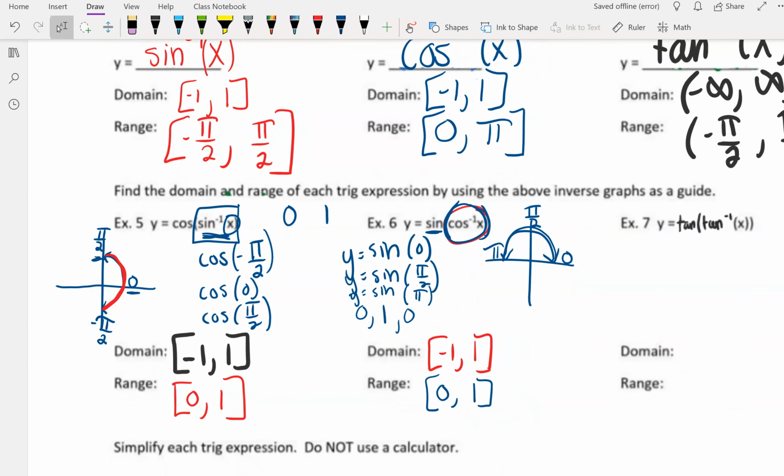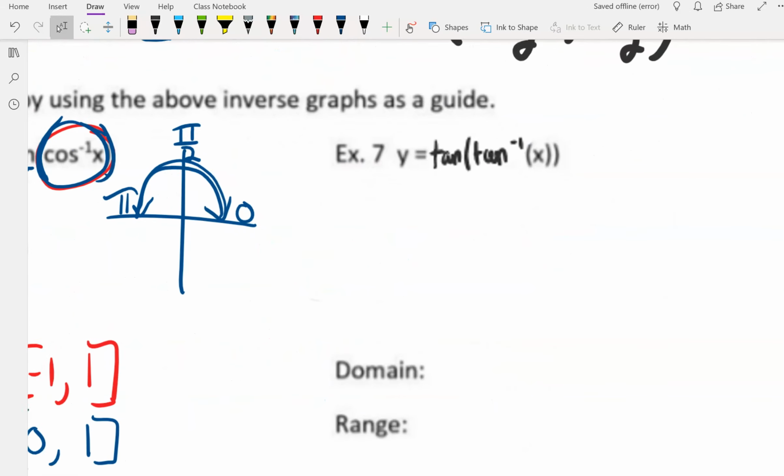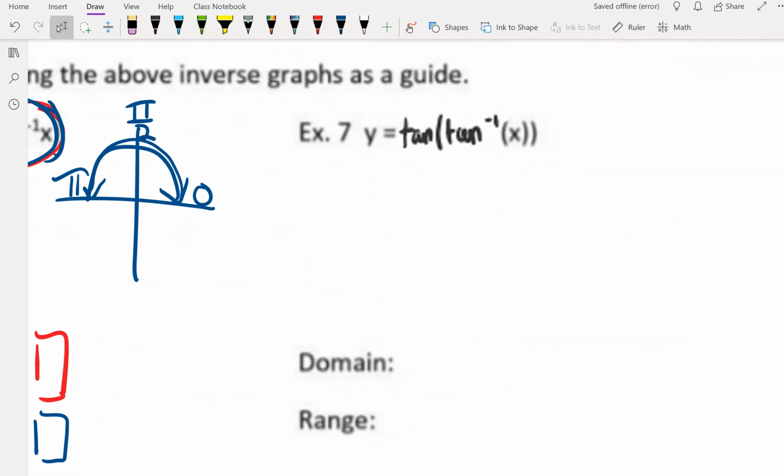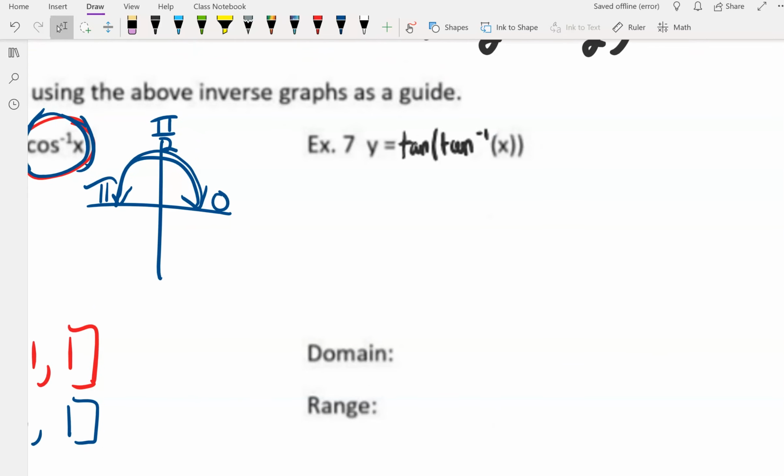All right, and then the last one is actually an easier one because we have here the inverse tangent inside of tangent. You might remember from the other video that I said if the inverse is inside, you are good to go to cancel these out.